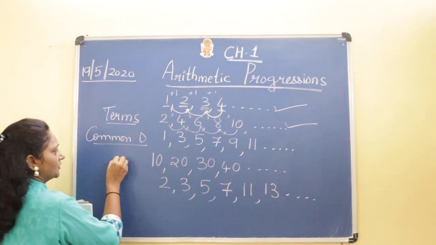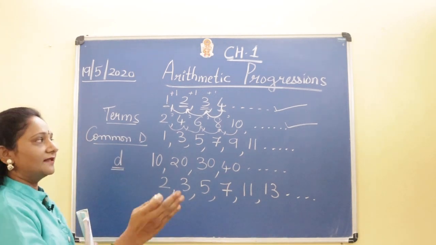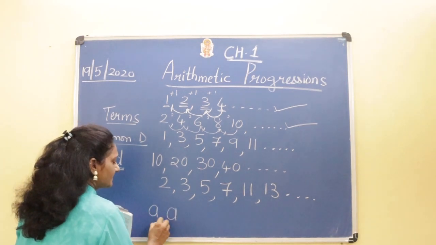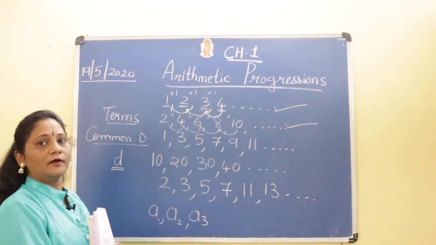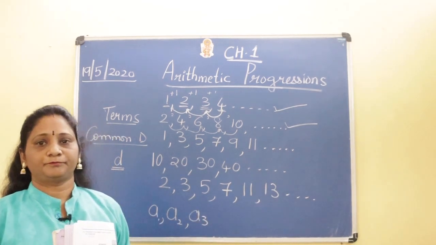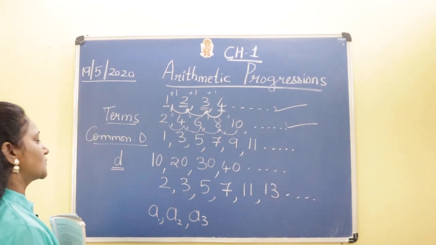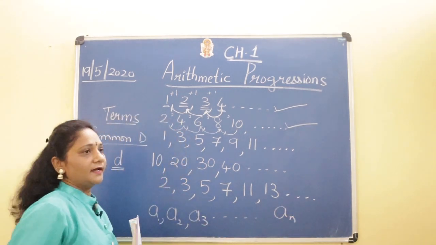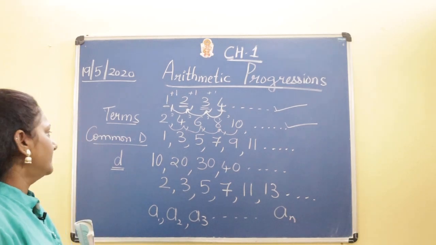In arithmetic progression, it is denoted by a small d and the terms are denoted by a1, a2, a3, a4 and so on. Till where do we denote this? We denote it till the nth term, an. An will be the nth term.